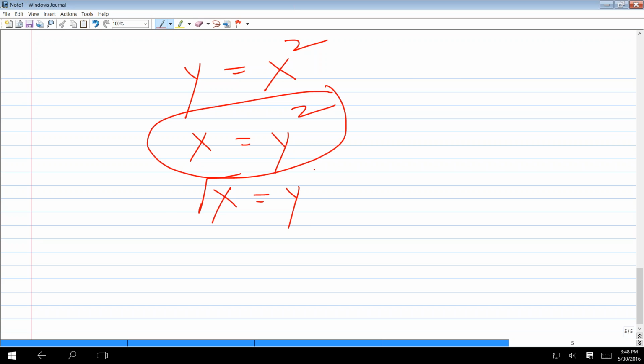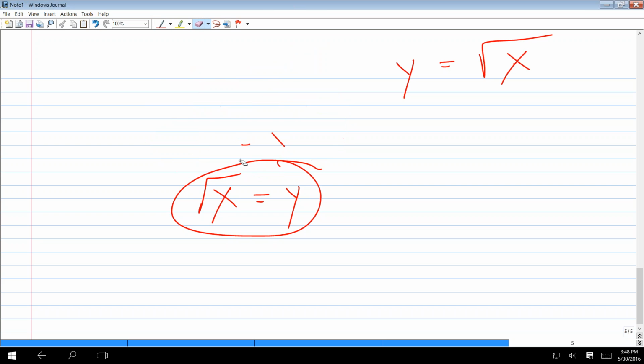In other words, y equals square root of x is the inverse of y equals x squared. But finding inverses is actually quite simple as long as you can solve reasonably hard equations. We'll do an easy one first. Find the inverse of that.